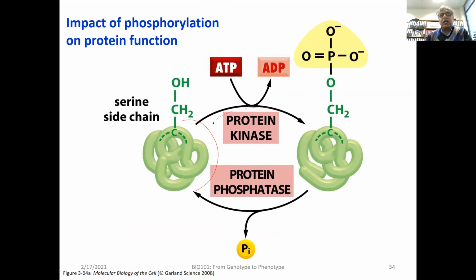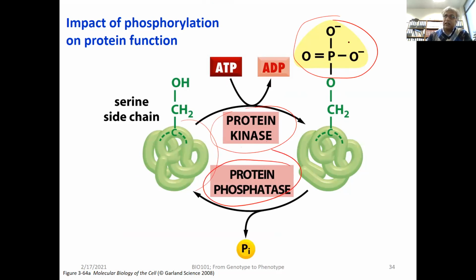Through a protein called protein kinase, this serine now carries a phosphate. Phosphorylation can be reversed as well. A phosphatase can dephosphorylate this and bring the protein back. Now, this could be a functional protein, or this could be a functional protein. This depends on the cell.